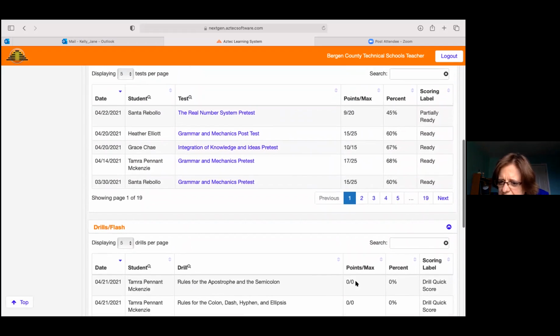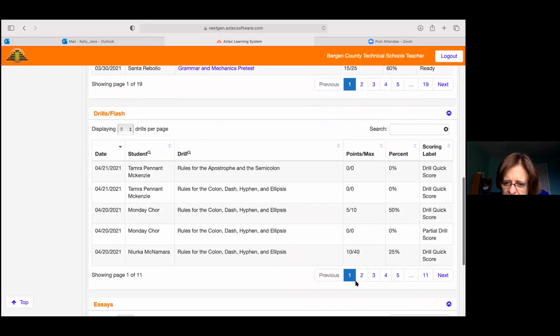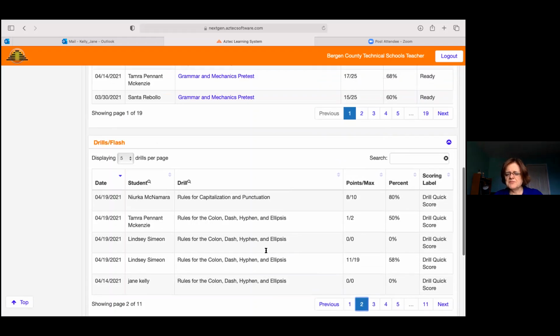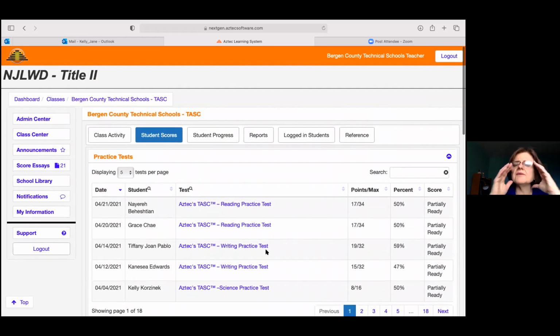So you can see what your students were doing, and this is how you will find them. If you are in a program where several people use the task test, other teachers, you're going to see everybody in Bergen County Technical Schools task program.